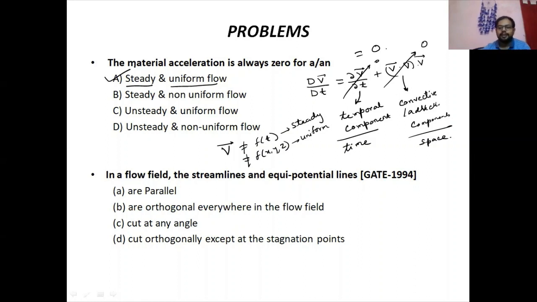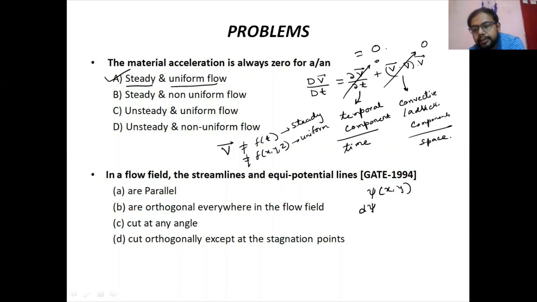Next thing is, in a flow field, the streamlines and equipotential lines are orthogonal everywhere in the flow field, cutting orthogonally except at the stagnation point. The last day we discussed this problem, if you remember. But again, a recap of this part. The streamline is a function of x and y.